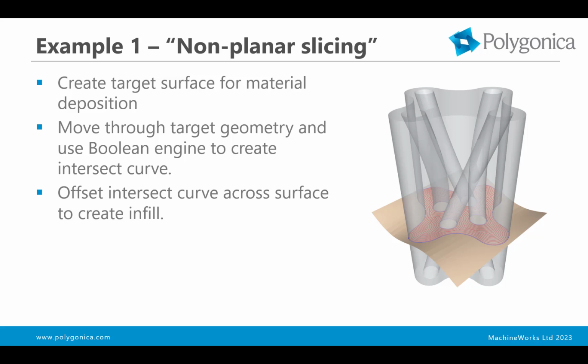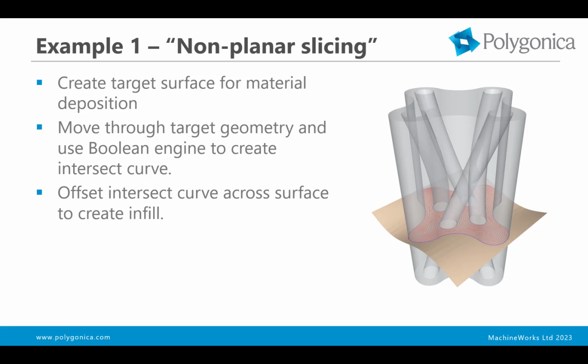That gives you the intersection, and then you can use PF curve offset to create an offset toolpath inside that intersect curve, but moving across the intersect surface. So that's roughly what the image on the right is trying to show.